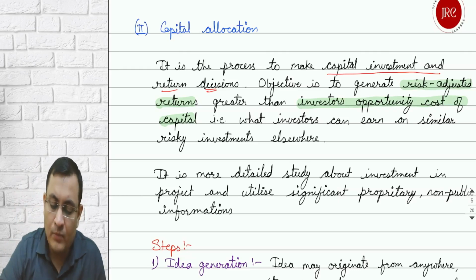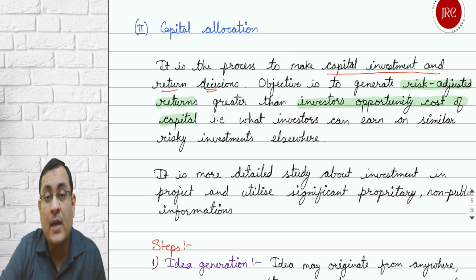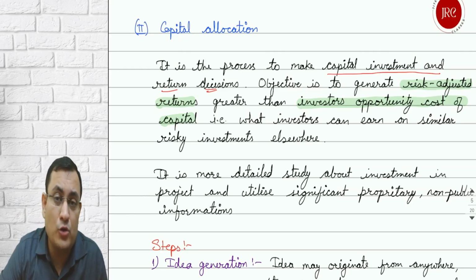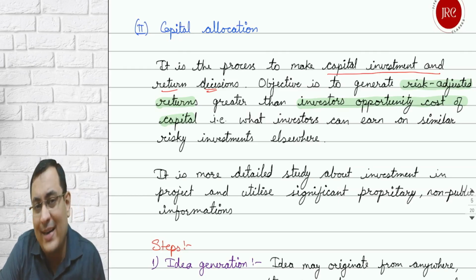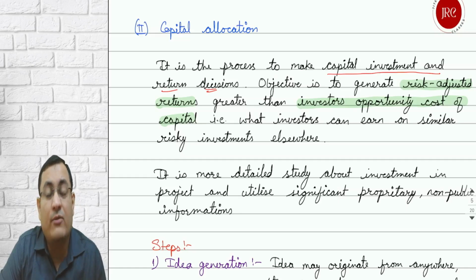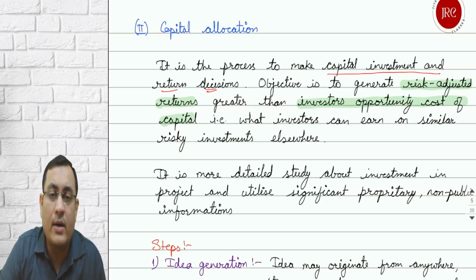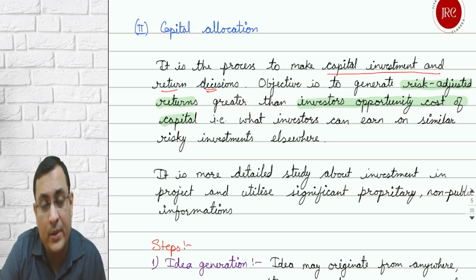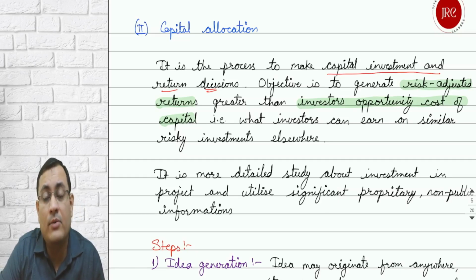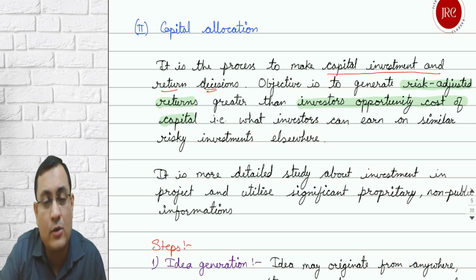So next is how to calculate this opportunity cost of capital for debt investor, for equity investor, and for the company as a whole. That is already covered under the capital structure module. Cost of equity we will be doing in the equity investment topic, and the cost of debt we will be calculating in the fixed income topic.